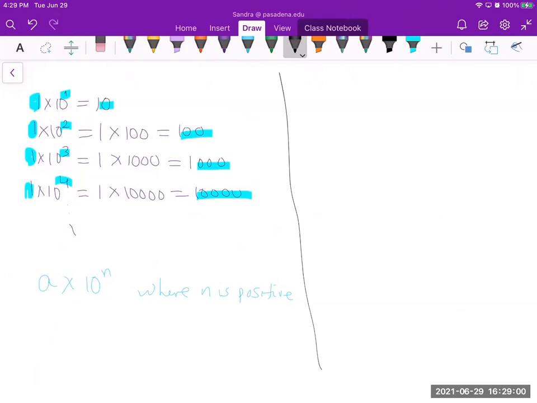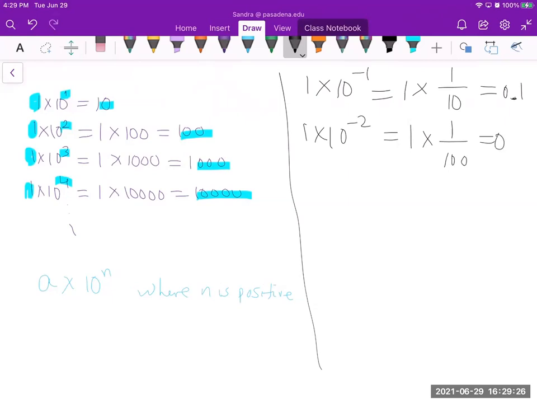So this will be, for example, 1 times 10 to the negative 1, because that will be 1 times 1 over 10, which is equal to 0.1. 1 times 10 to the negative 2, that would be equal to 1 times 1 over 100, which is equal to 0.01.